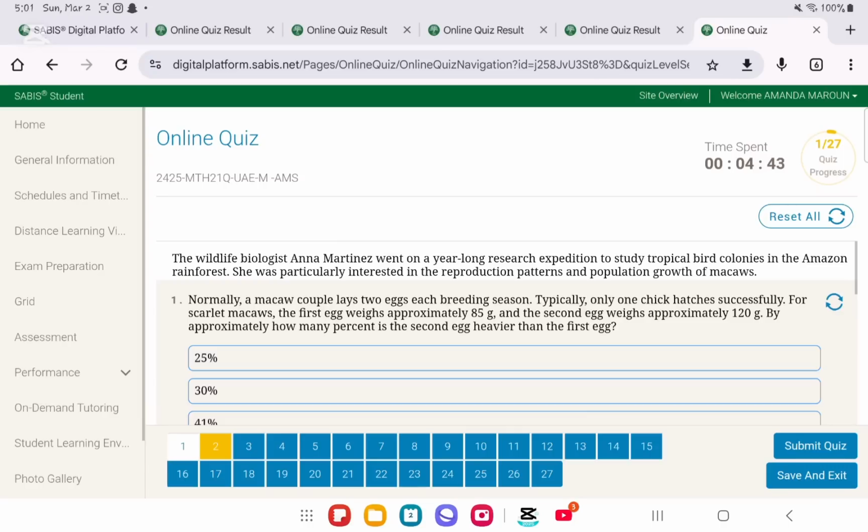For scarlet macaws, the first egg weighs approximately 85 grams, and the second egg weighs approximately 120 grams. By approximately how many percent is the second egg heavier than the first egg? Very simply, we're gonna take the weight of the second egg, 120 grams, and subtract the weight of the first egg, 85 grams, to see their difference.